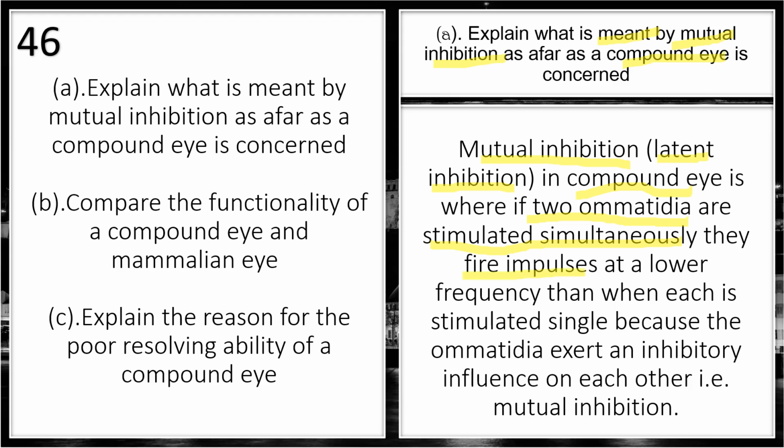They fire impulses at lower frequency than when each is stimulated singly, because the ommatidia exert an inhibitory influence on each other, i.e. mutual inhibition.